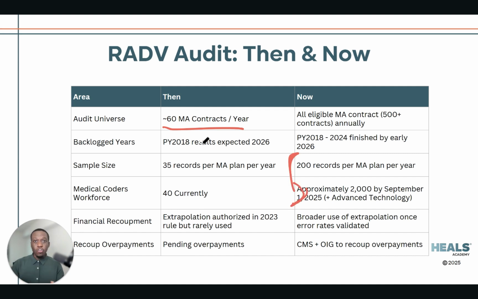Therefore, the clawback of money is going to have a huge financial implication on health plans and potentially the providers that they are working with. And on recoupment of overpayment, CMS and OIG are looking to recoup overpayment, meaning money that CMS is getting back. Based on the information CMS released and others that CMS has continuously released over the months, CMS is getting itself ready for risk adjustment data validation audits.